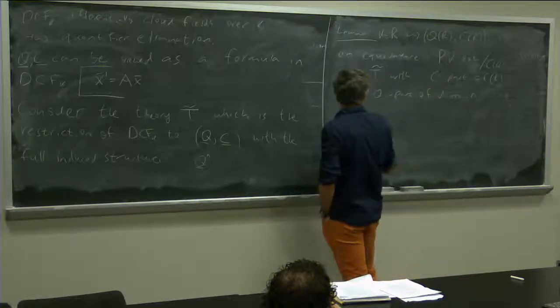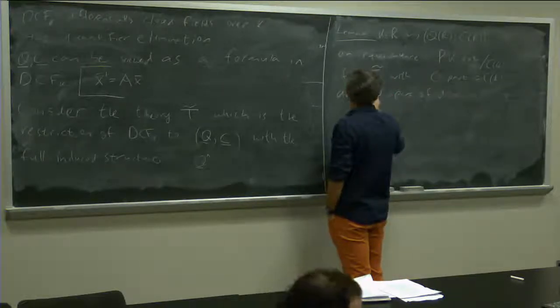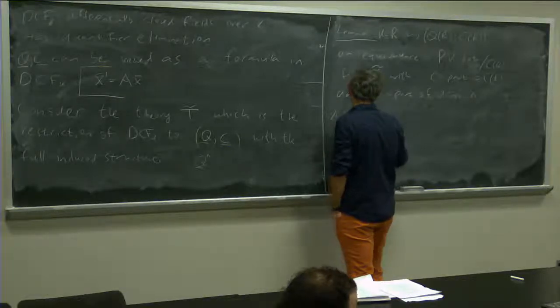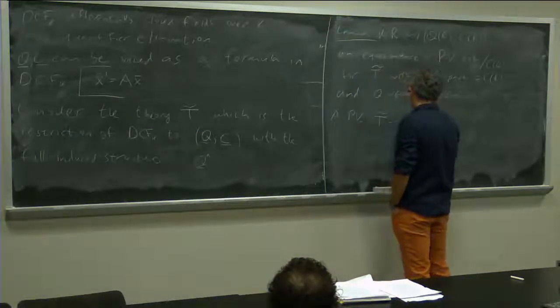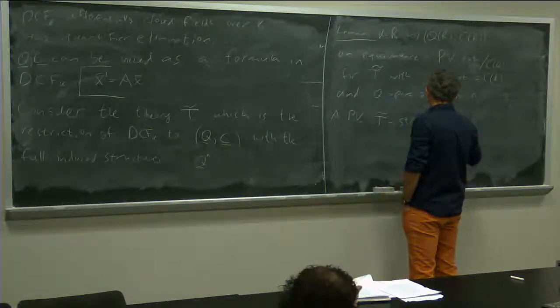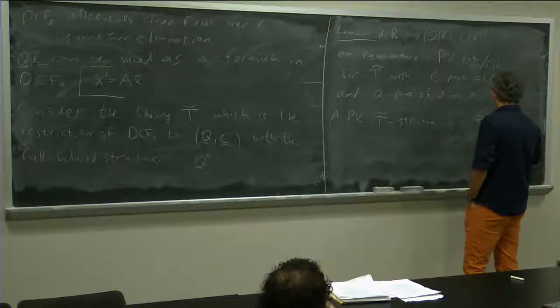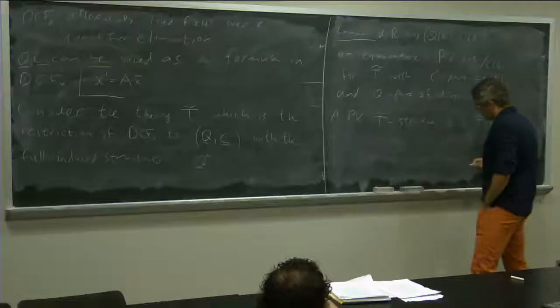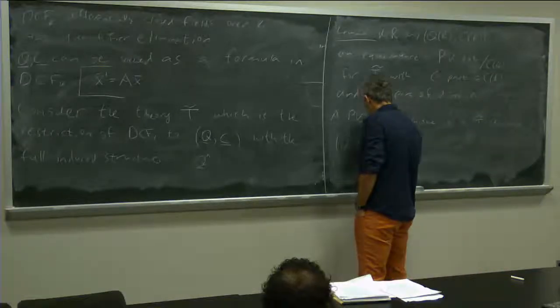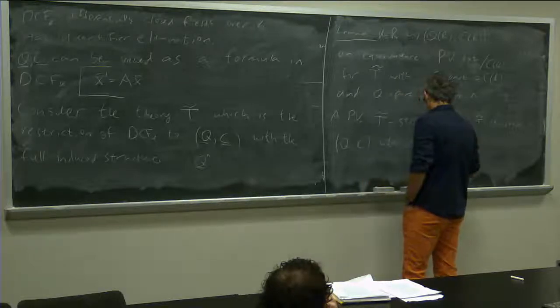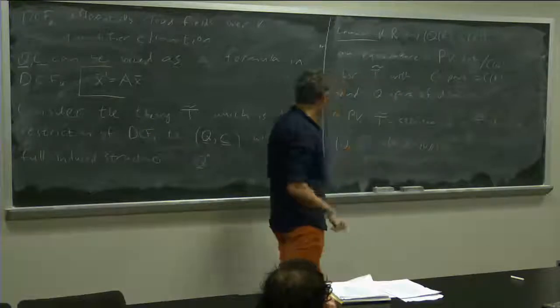Anyway, now I want to say, just by analogy, that a Picard-Vessiot T-tilde structure is a T-tilde structure Q, C with dimension of Q over C equal to the full solution.